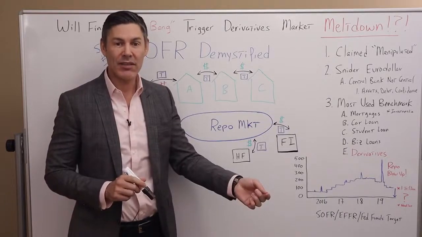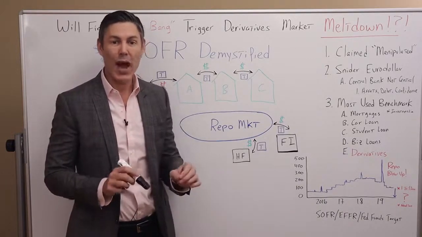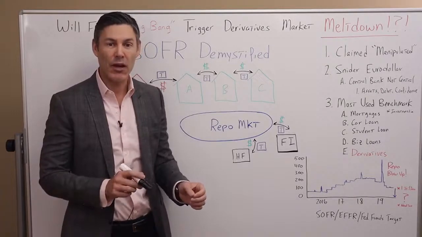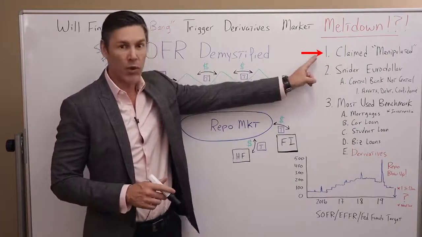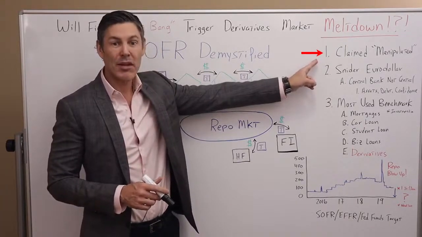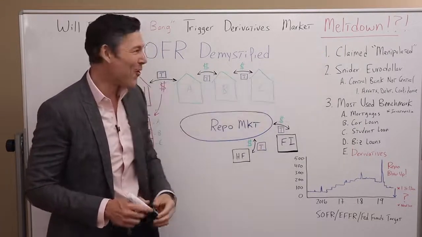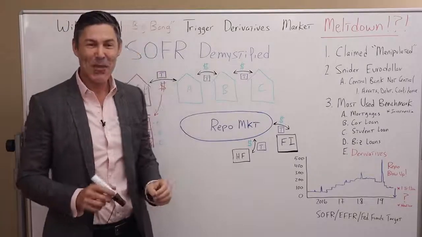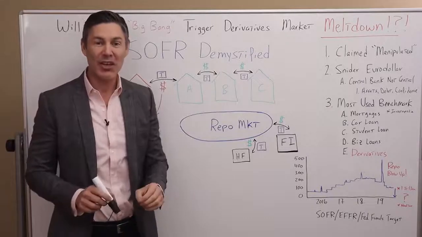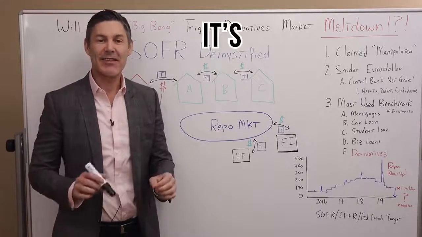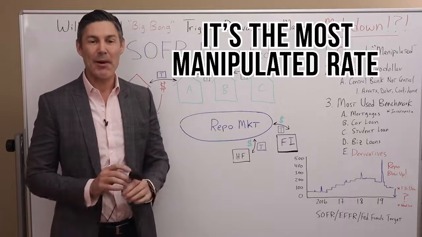And what did we go over in step number 1? What was the rationale that they give us for moving from LIBOR over to SOFR? Oh, we can't use LIBOR anymore. It's manipulated. Well, how manipulated is the repo rate when the Fed is coming in and committing to $1 trillion a day? It's the most manipulated rate imaginable.